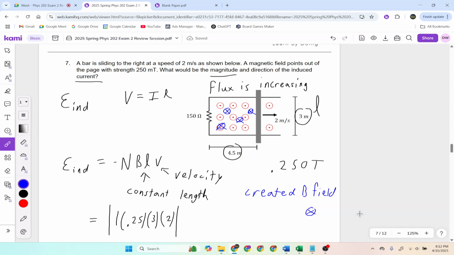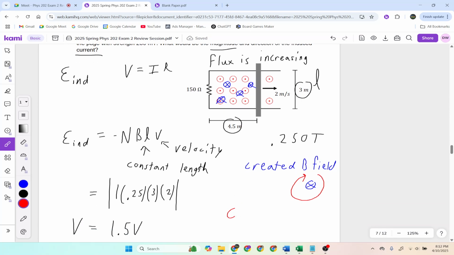And then finally, right hand rule. Thumb points in the direction of the created B field into the page. Then I curl my fingers, and if you're curling your fingers correctly, you're getting this kind of clockwise motion, and that's what the answer is. Clockwise current.